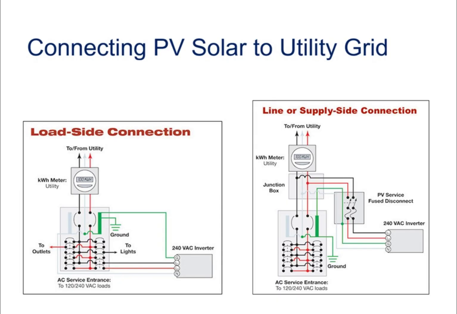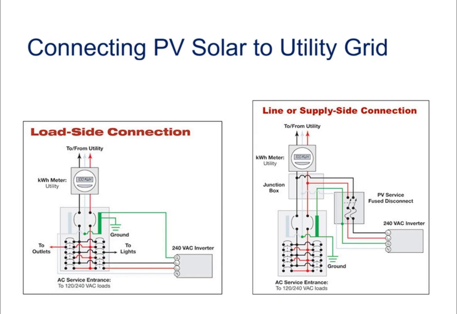Here's some schematic diagrams showing you the two types of interconnection that can happen. Let's look at the load side first. These parentheses items, that's actually the main breaker, and here's the meter going out to the grid. The connection coming from the inverter is below the main breaker, and the green is grounding.